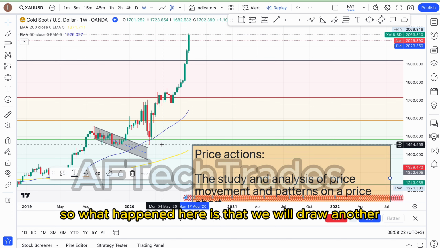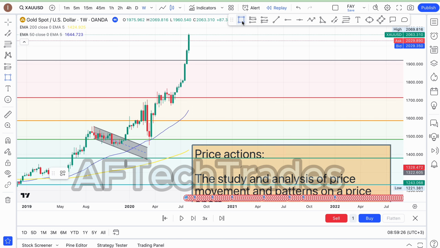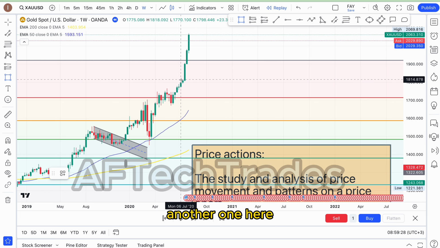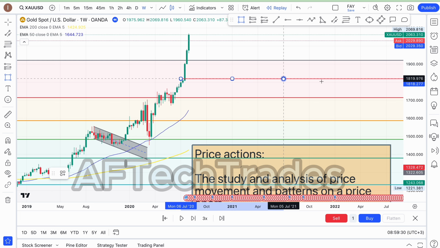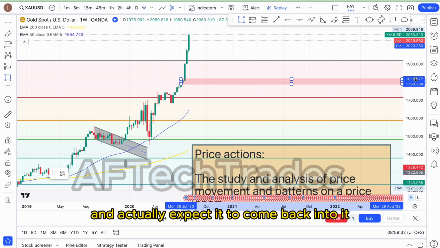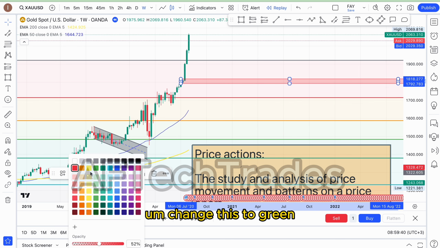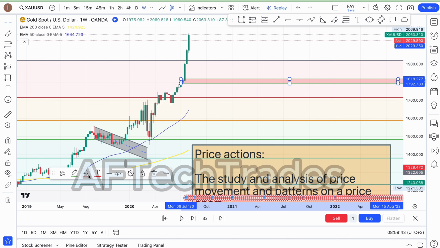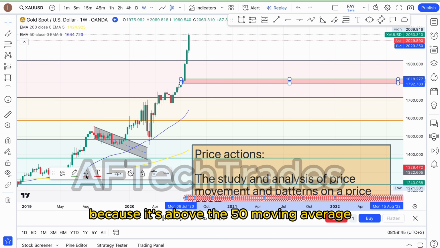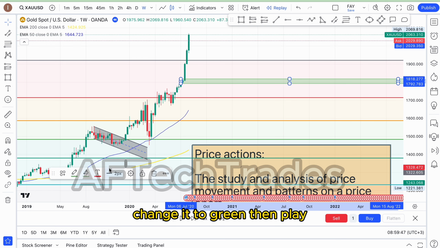So what happened here is that we will draw another one here and actually expect it to come back into it. Change this to green because it's above the 50 moving average. Change it to green, then play.